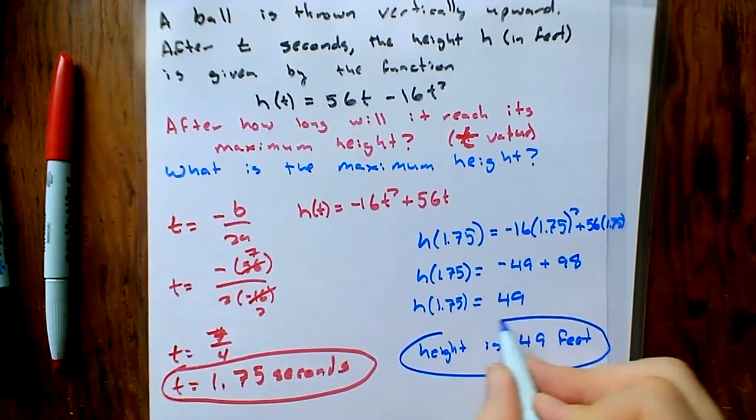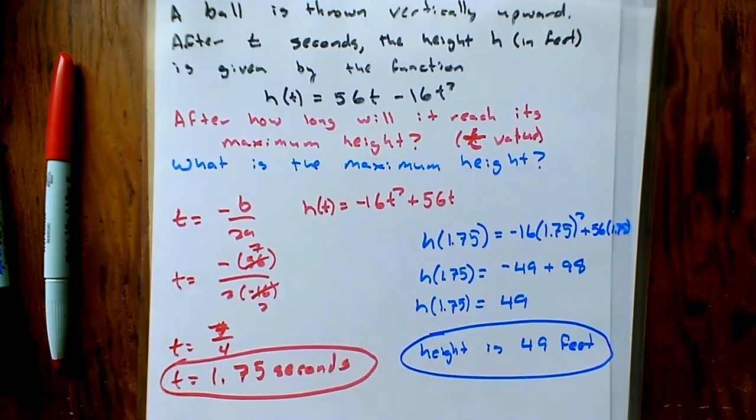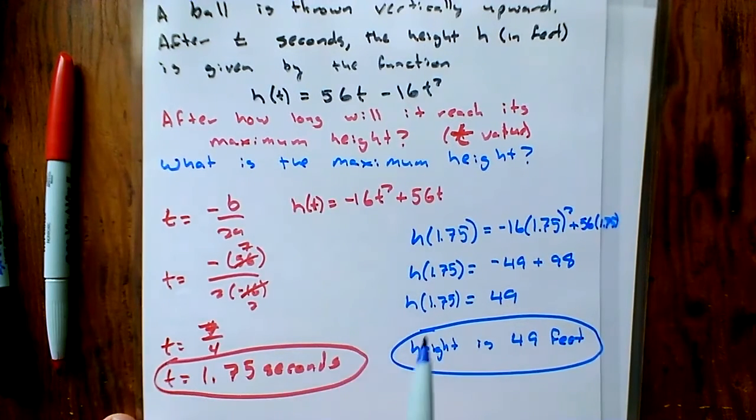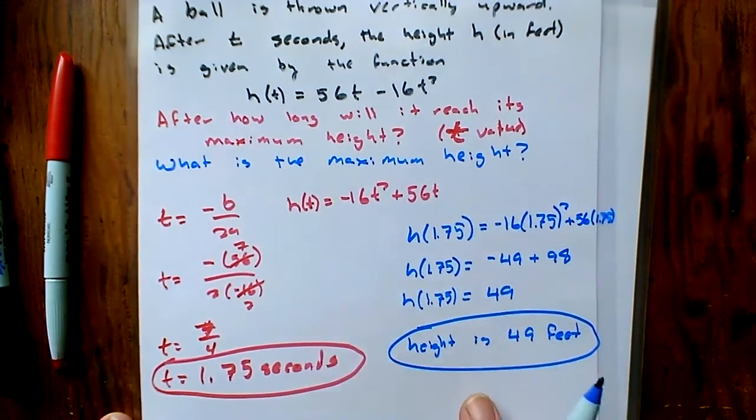That would be my maximum height. So depending on which question you are being asked, if I'm asked for just the time, I only have to do this first part. If I'm asked for what the height is, I have to first do this and then continue on to finish this out.